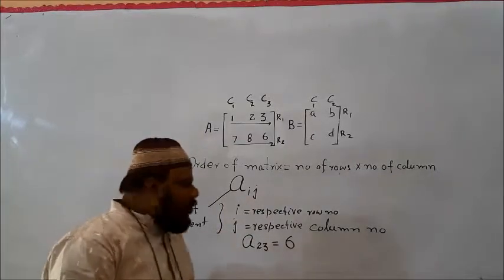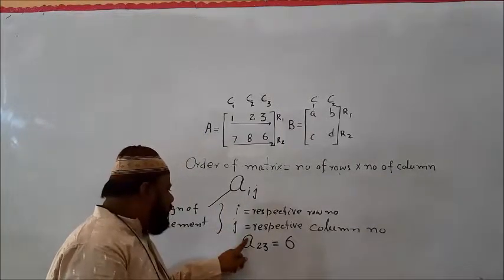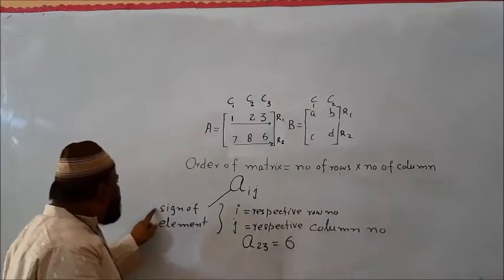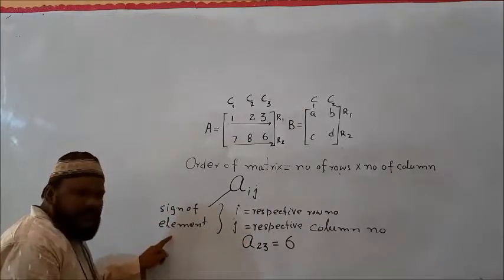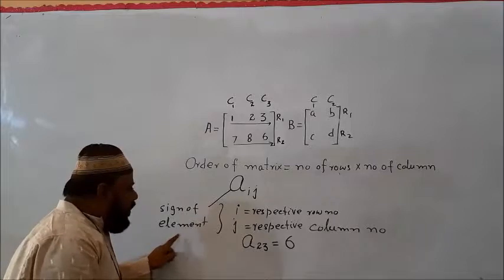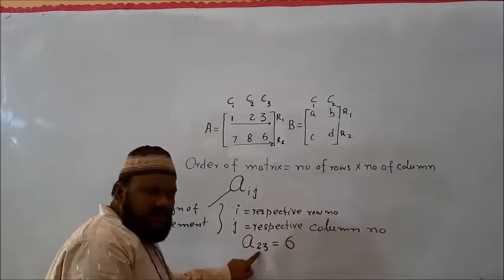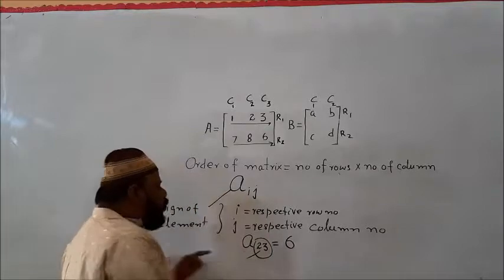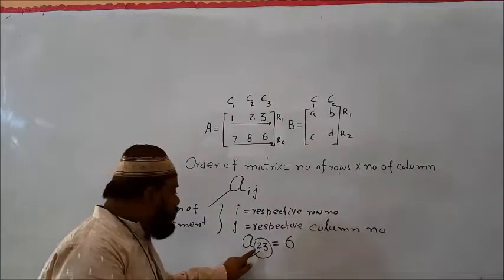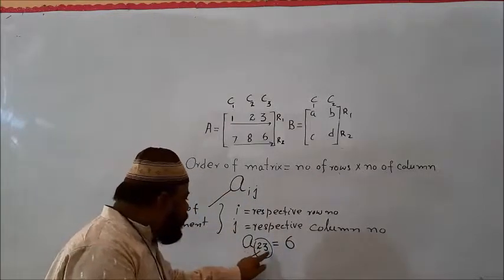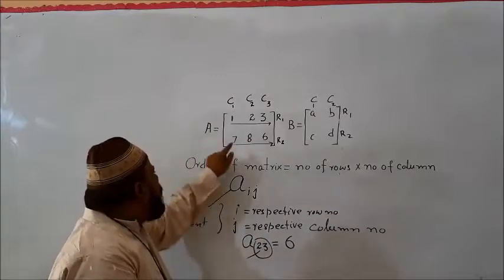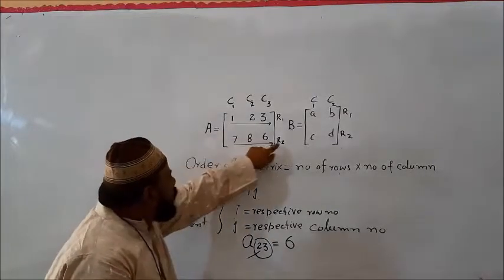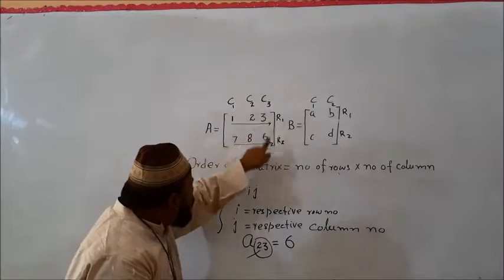Very easy, not a problem. A, sign of elements. And this 2 means row and 3 means column. Come to the row number 2 and column number 3.